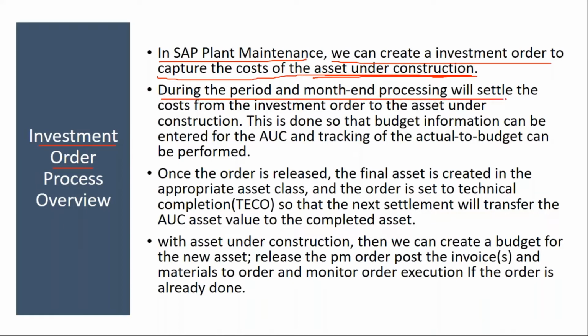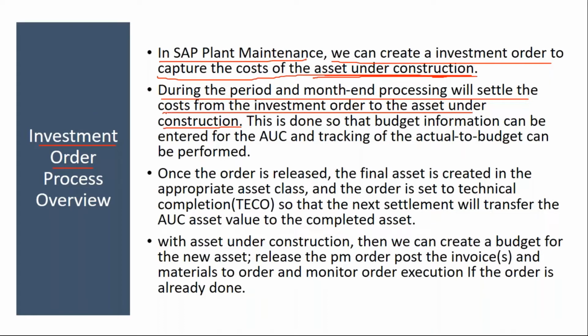During the period and month end processing, we'll settle the cost from the investment order to the asset under construction. If you recollect, in our normal processes, the costs are settled to the cost center. In our regular maintenance, breakdown maintenance, preventive maintenance, we settle the cost to the cost center.